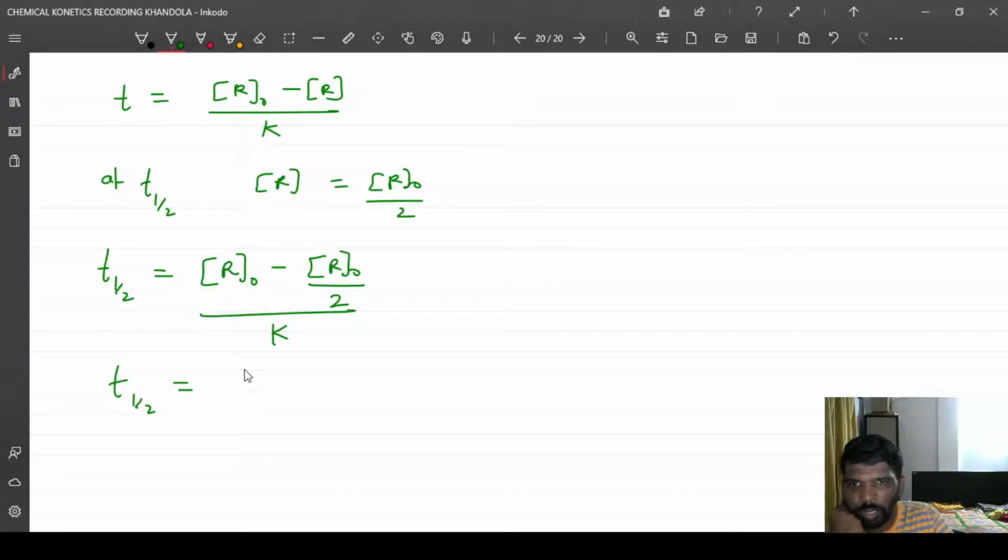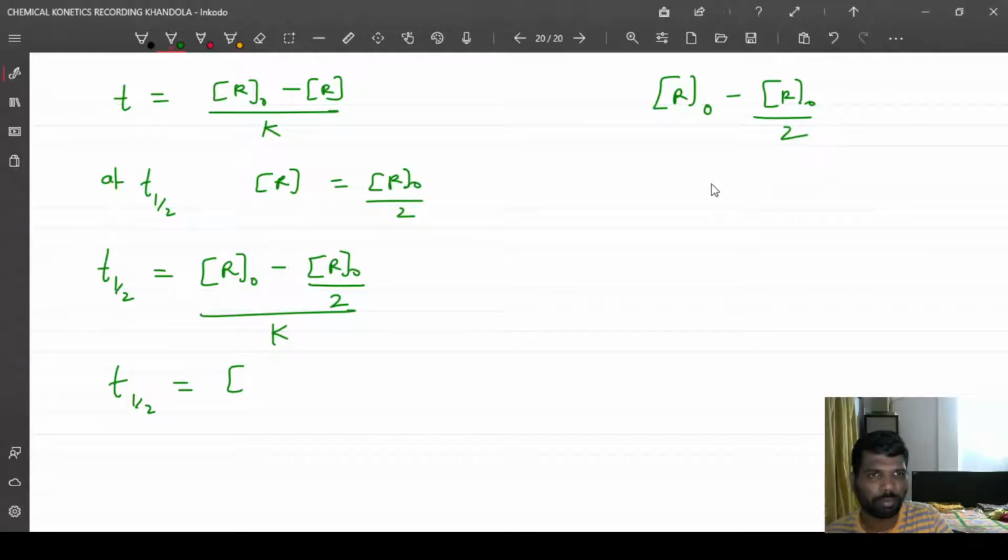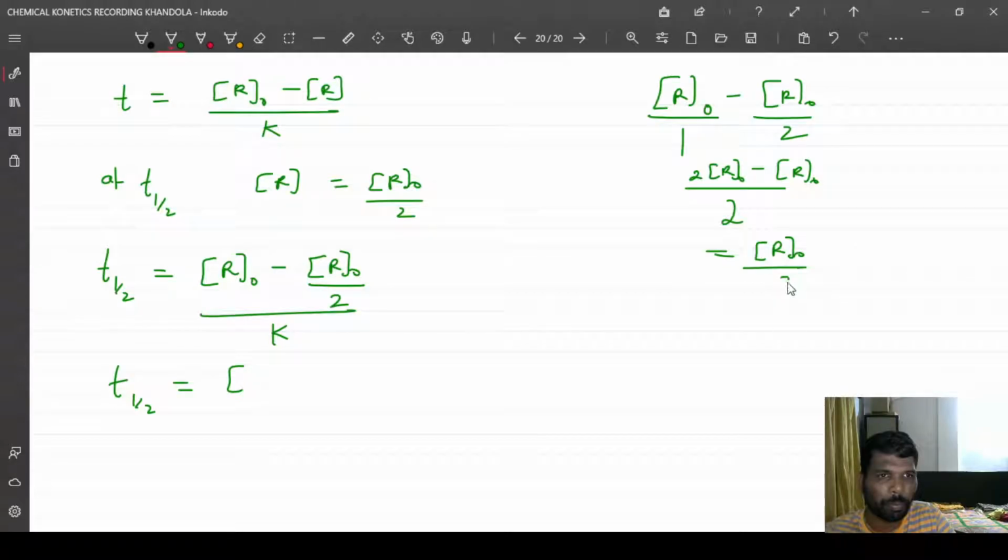How to solve this part? It is very simple: R0 minus R0 by 2. Take the common denominator 2: 2 times R0 minus 1 times R0, so it is just R0 by 2.